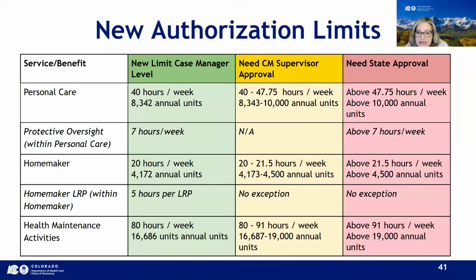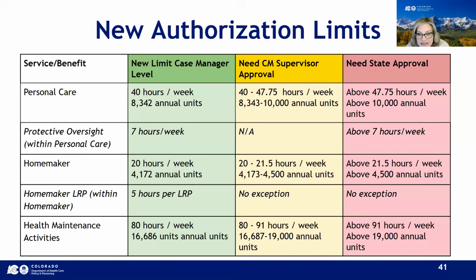The first column here lists the service benefit. Notice that protective oversight is within personal care, remember? And it's not in addition to the cap. You'll also notice that there is no supervisor review for protective oversight. If you are requesting to authorize more than that 7-hour cap, then that will need to go for state approval.